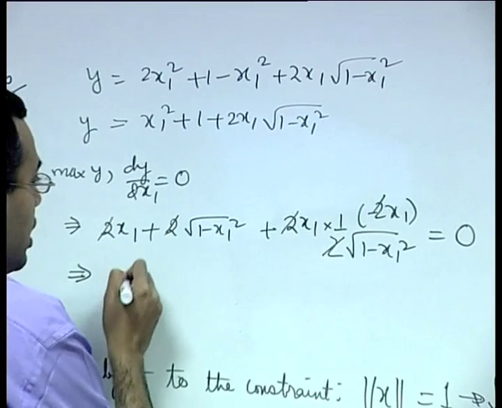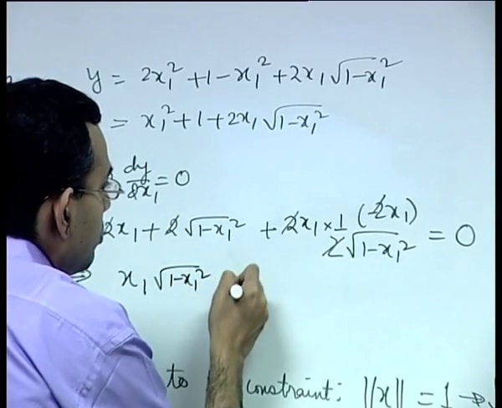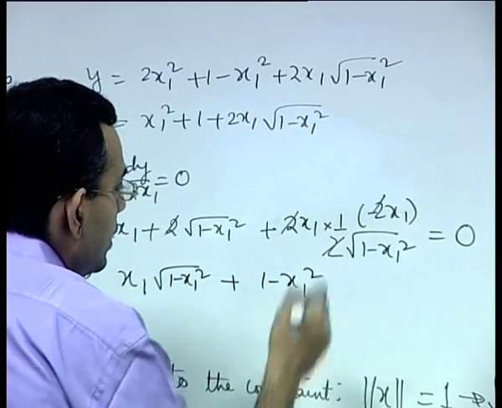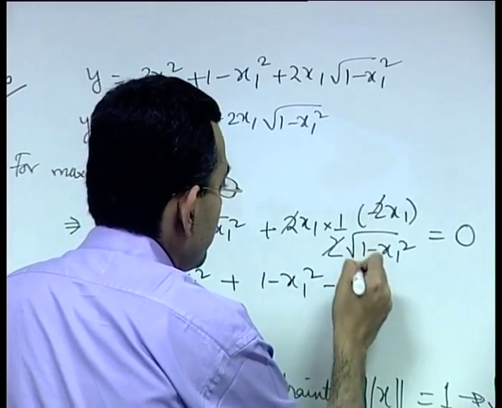So, that means x1 square root of 1 minus x1 square plus 1 minus x1 square minus x1 square is equal to 0.